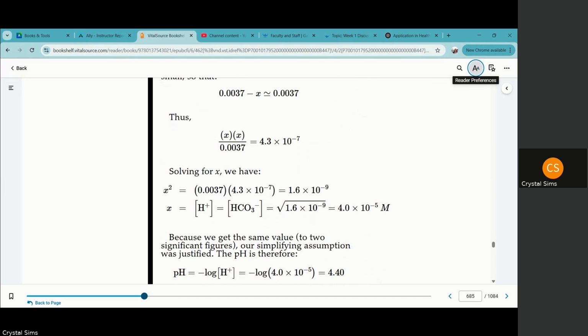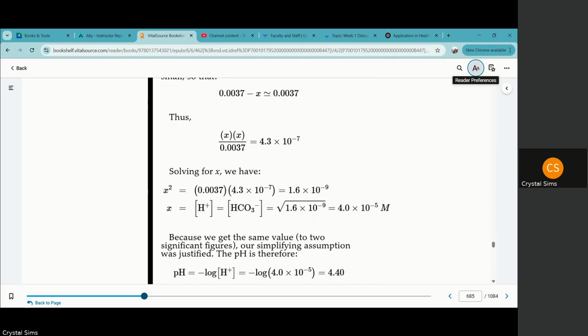So why was this one different than the last one? Well, number one, we had to consider the fact that we had two acid dissociation constants for the acid. But remember, we look: are they different by a factor of 10 to the 3? If they are, we only consider the first one.